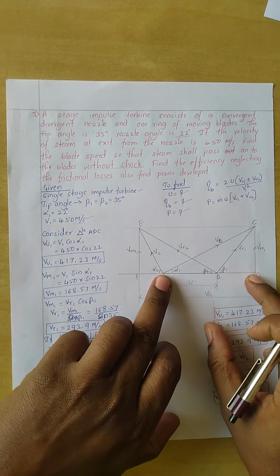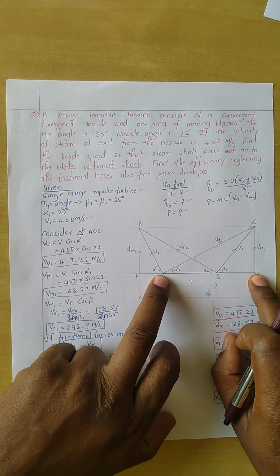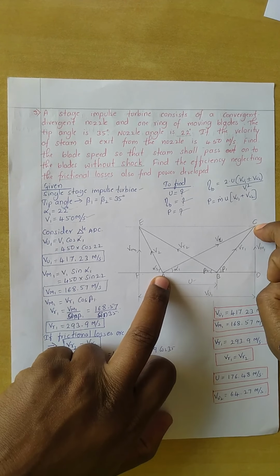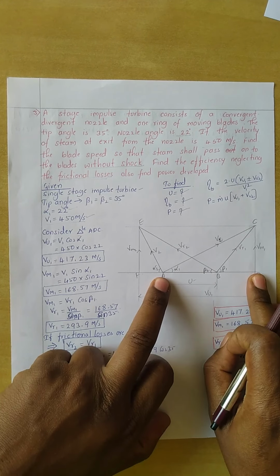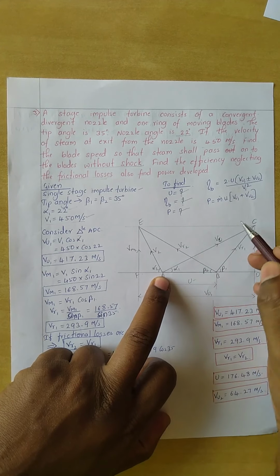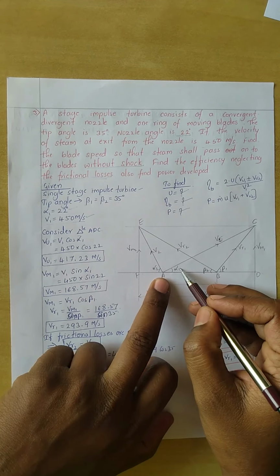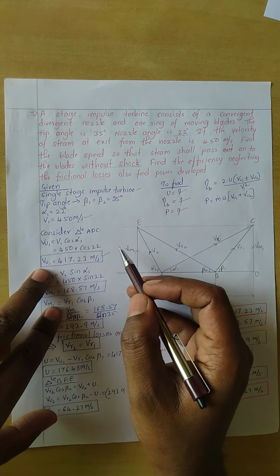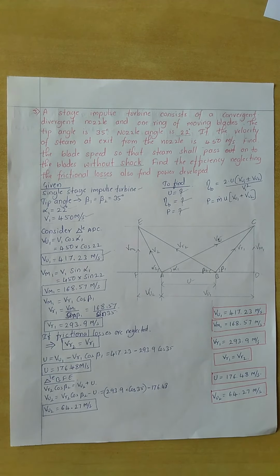In triangle ADC, this is VU1, this is VM1, and AC is V1. VU1 is V1 cos alpha 1. Substituting alpha 1, VU1 is 417.23 meters per second.